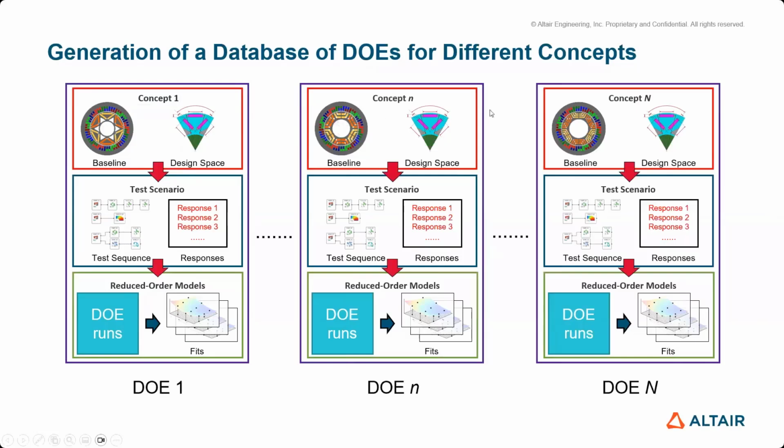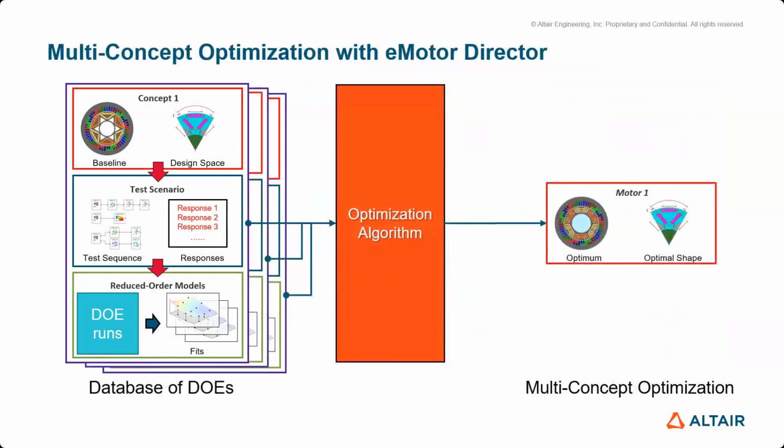Here we have 2 layers. Here we have 3 layers. And we will create all those DOEs on all concepts, and this will create a database of results that will be used to run the optimization process. And the optimization algorithm will pick the best solution out of all the concepts that are considered.